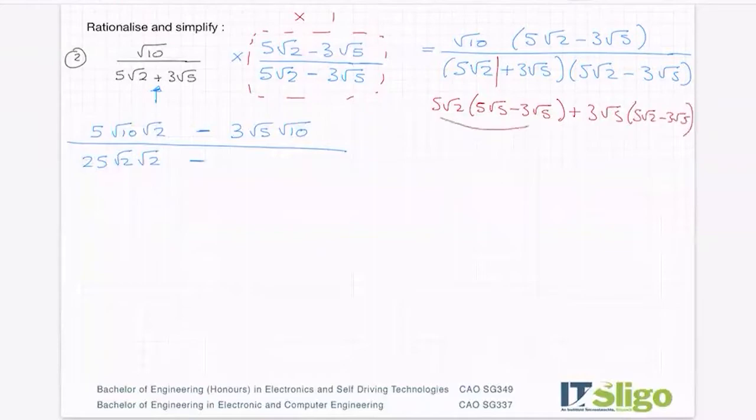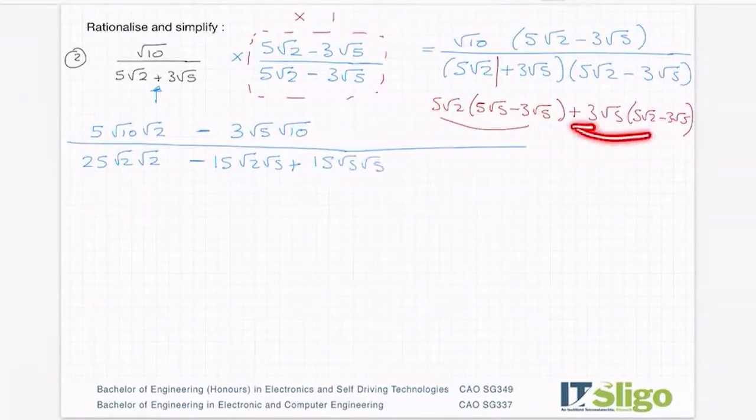So I'm now at these two. I have 5 3s are 15 root 2 by root 5. And then getting 3 5s gives me 15 root 5 root 2. And then I have plus 3 by minus 3 is minus 9 root 5 root 5.